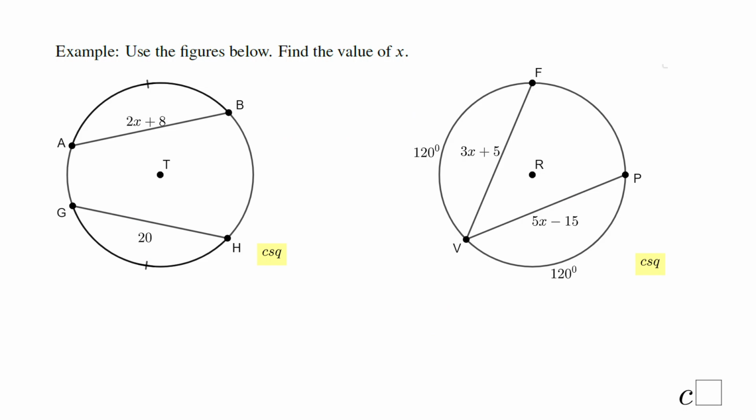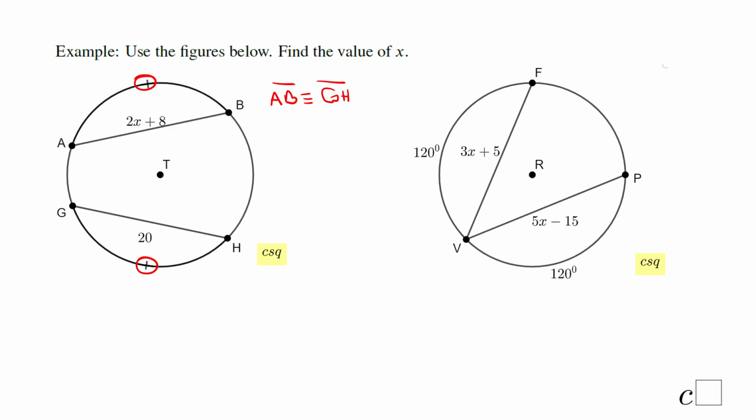Let's take a look at the next problem here, which is very similar to the other one, but now we notice these arc AB and arc GH are congruent. We have the same sign on them. So that means the chord AB is congruent with the chord GH.